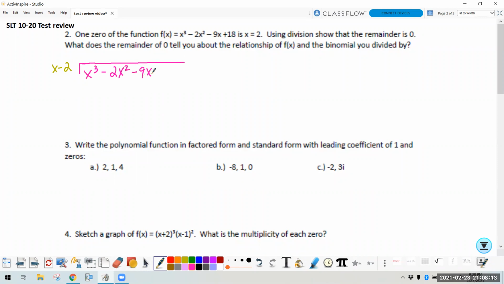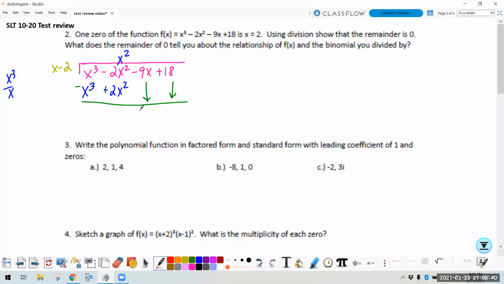If you like box method, you can do box method. All right, here's my first division thought. X to the third divided by x. That's x squared. Multiply it back. X squared times x. X squared times negative 2. And subtract.